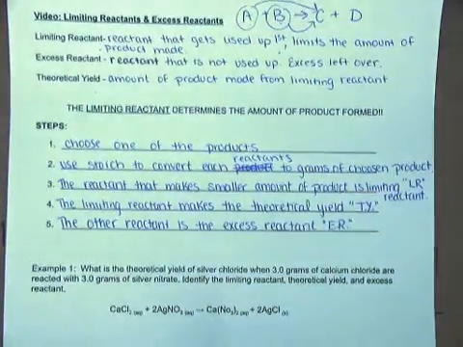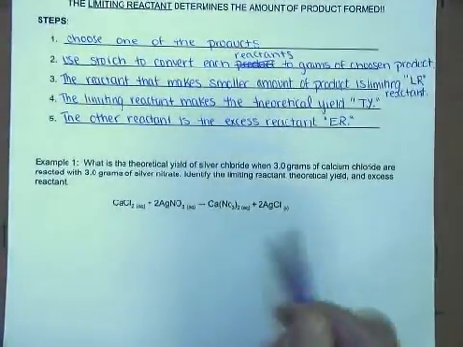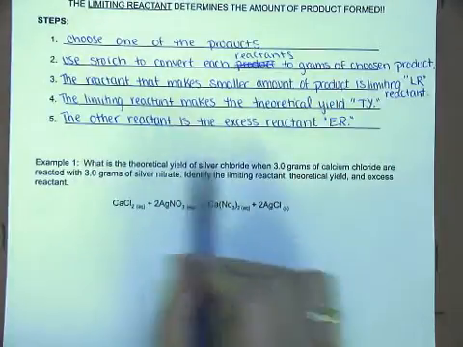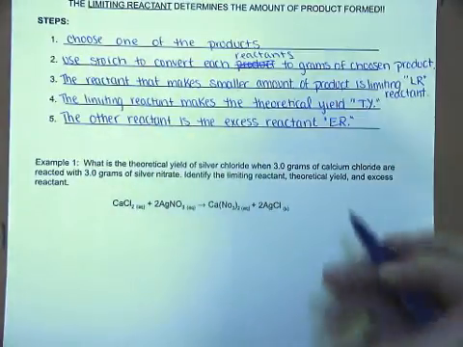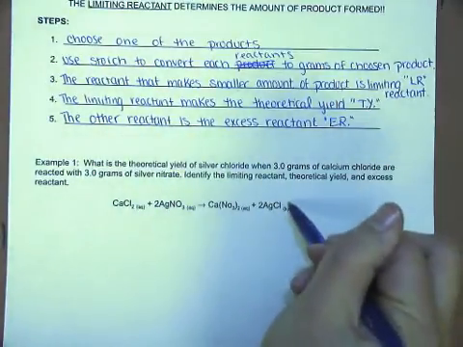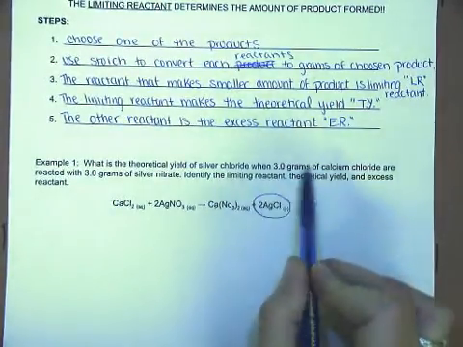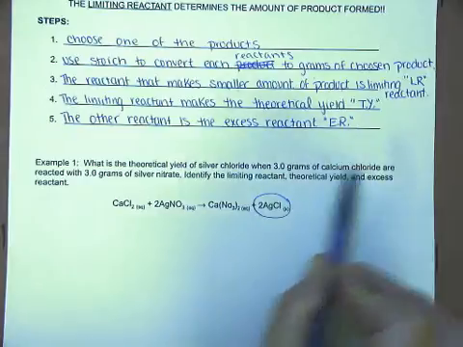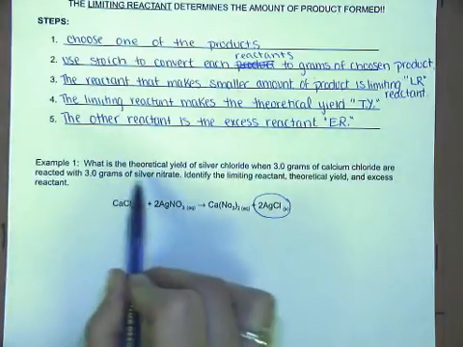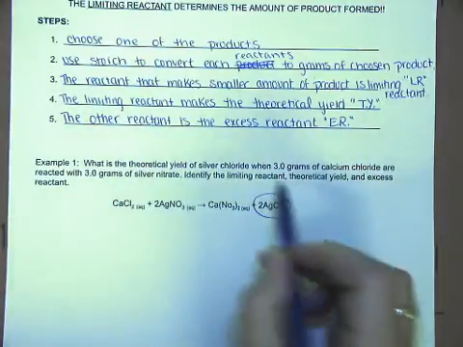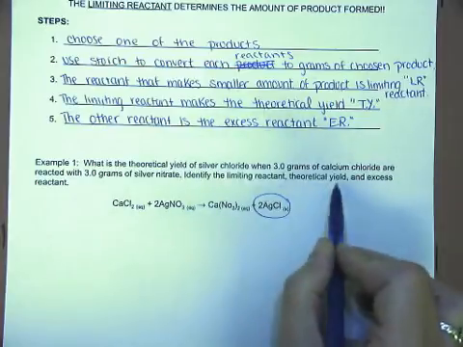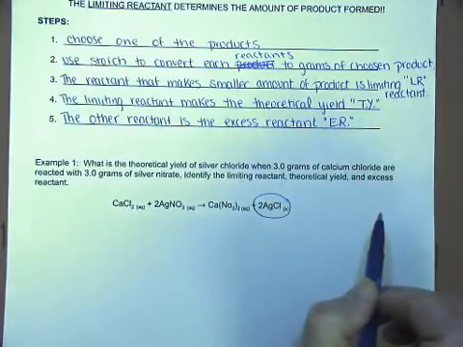So let's put this into practice. I want to know the theoretical yield of silver chloride. So let's go ahead and find silver chloride here. When 3.0 grams of calcium chloride are reacted with 3.0 grams of silver nitrate, identify the limiting reactant, theoretical yield, and excess reactant.